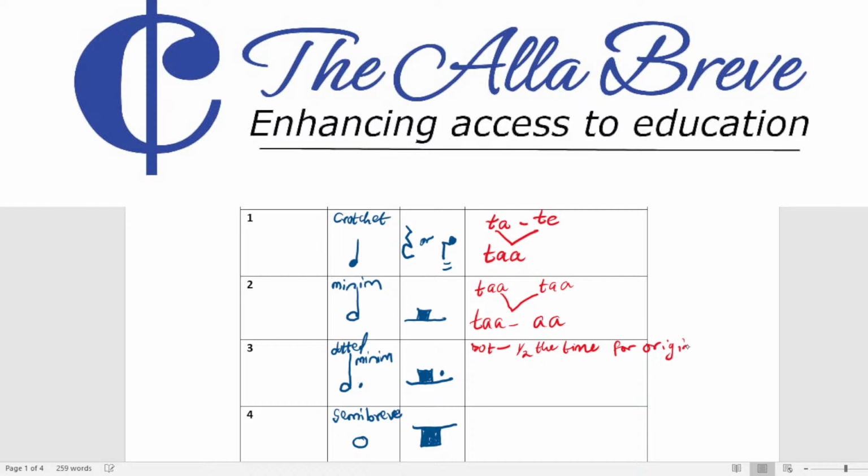Then lastly, we have the semibreve, and it takes 4 counts. If a crotchet is the count, so we have the first count, second count, third count, and fourth count. All of them are made into one count, and this count is written as ta.